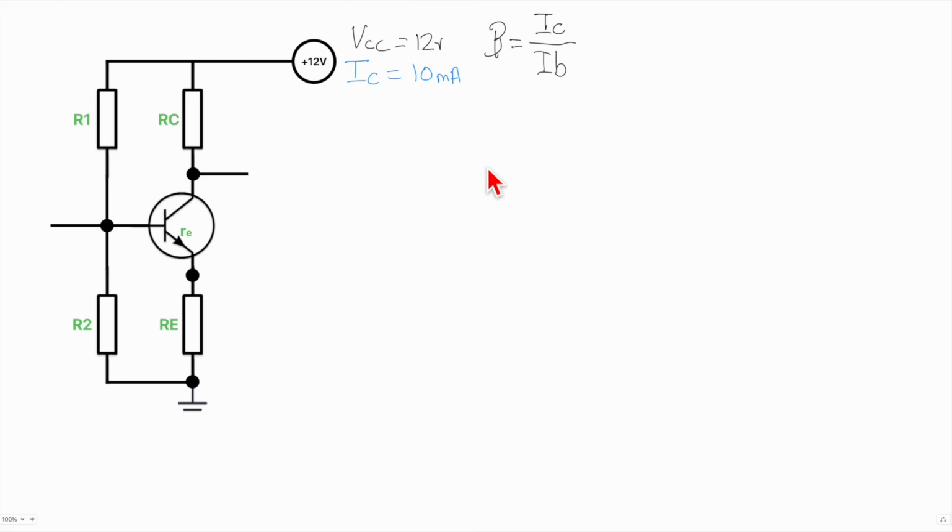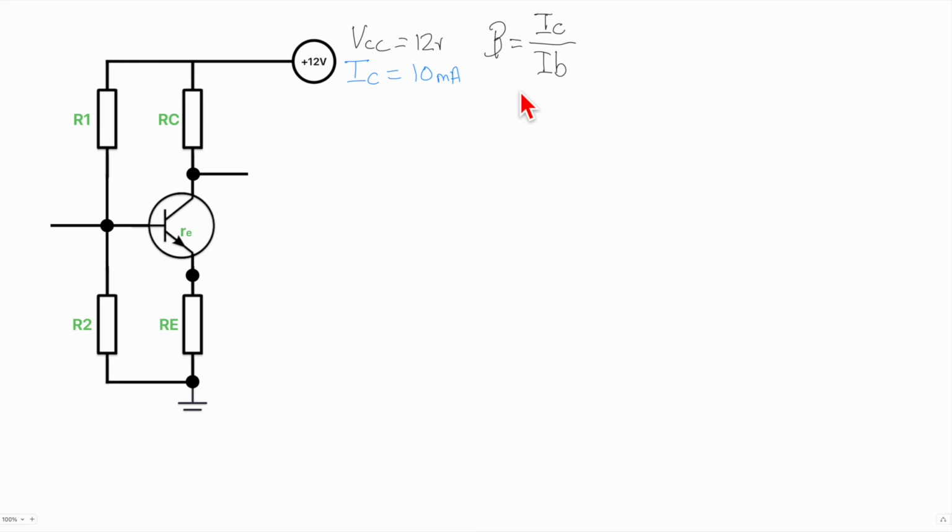It varies from different types of transistor, but even for the same type of transistor, you could fish your hand in and pull out a load of seemingly identical 2N3904s, and they would all have a different beta or gain factor, which can be problematic, but there's some stuff that we can do about that to try and minimize the effect of it as we go along.